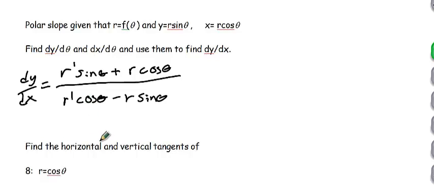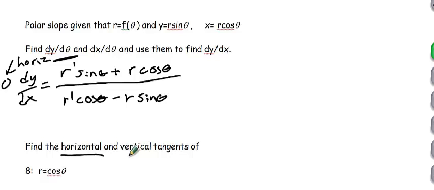Now, when we want to find the horizontal and vertical tangents, thinking about horizontal tangents, that's when your slope is 0. If I look at this fraction here, if the numerator equals 0, here we have horizontal, because 0 divided by a number is 0, and horizontal lines are flat, going sideways.